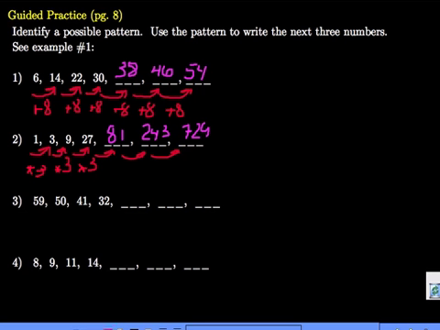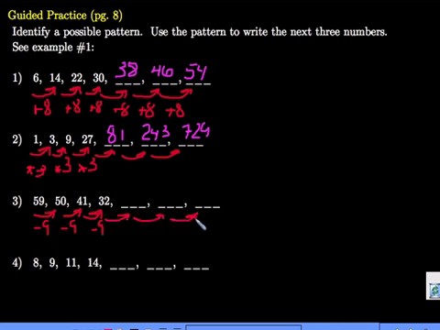So for my number 3, I look at it and say, how do I get from 59 to 50? Well, I subtract 9. From 50 to 41, I subtract 9. From 41 to 32, I also subtract 9.